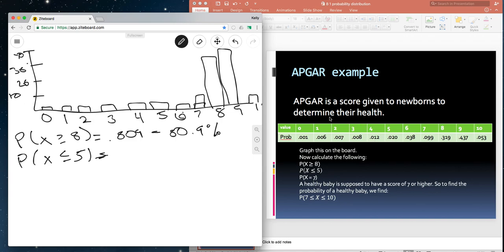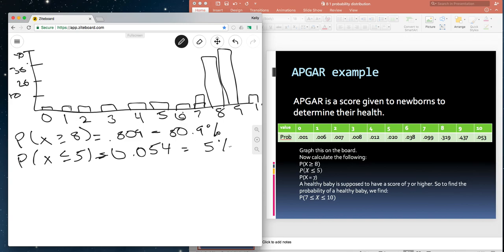So we're going to add all those. And so when I add all of those together, I get 0.054, or only about 5% of babies.